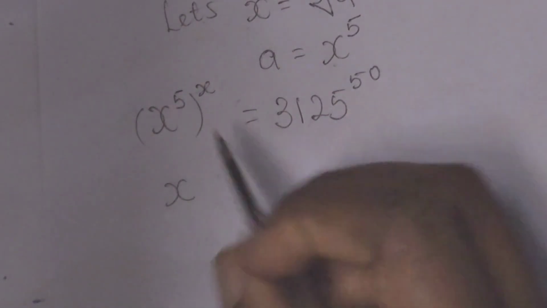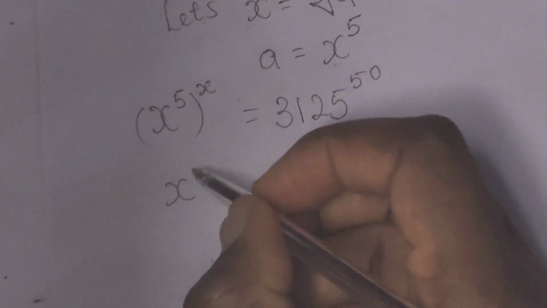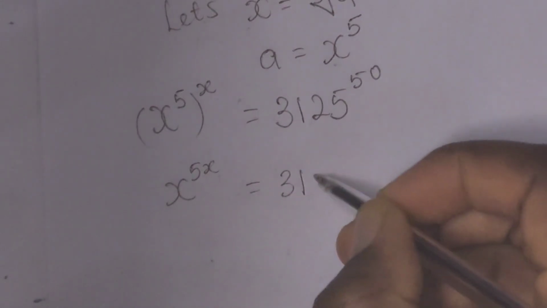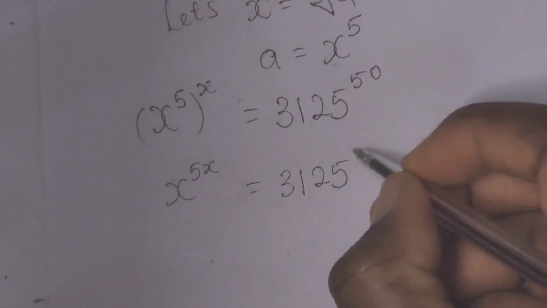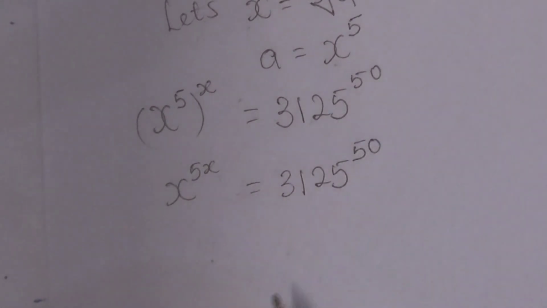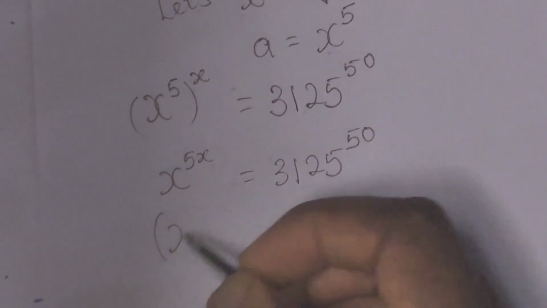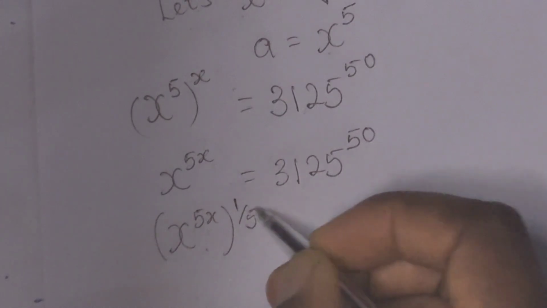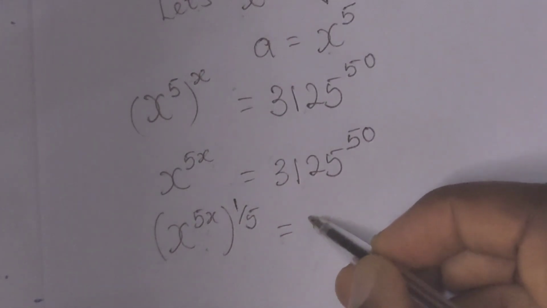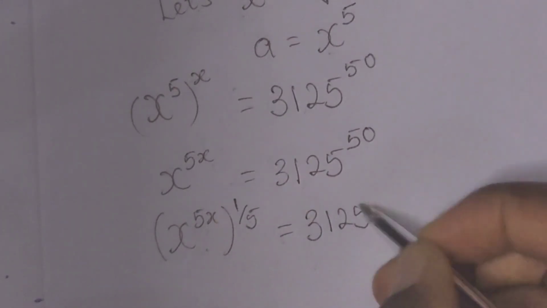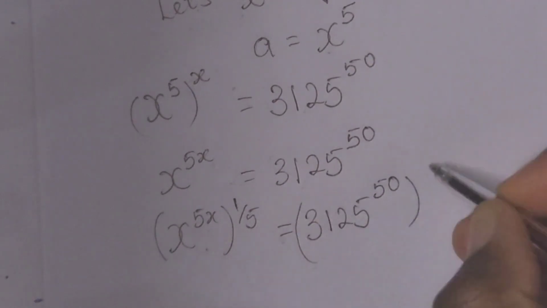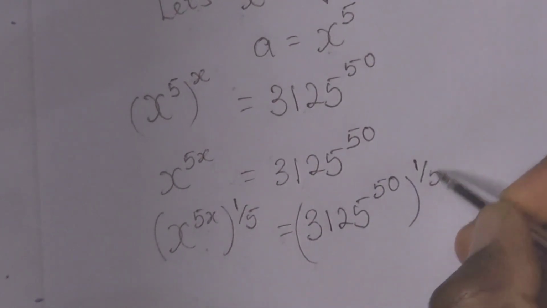So we have x to the power of, we have 5 times x, which is 5x, all equal to 3125, all to the power of 50. So when we raise both sides to the power of 1 over 5, we'll have 3125 further raised to the power of 50 further raised to the power of 1 over 5.